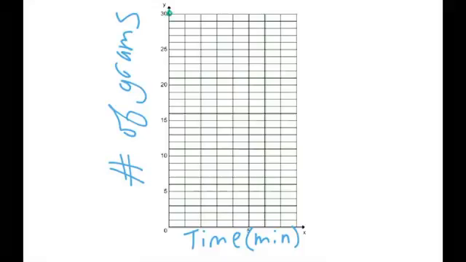We start off with 30 grams, and then we go to 15 grams, then to 7.5 grams, then 3.75, about right there, and then 1.9, then 5 is going to be almost 1, then we just get smaller and smaller, so it's just going to be easier if I just graph it now at this point. Let's go ahead and connect our dots.